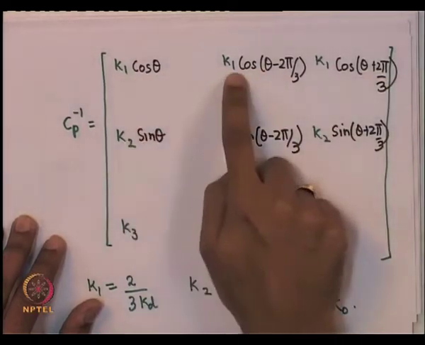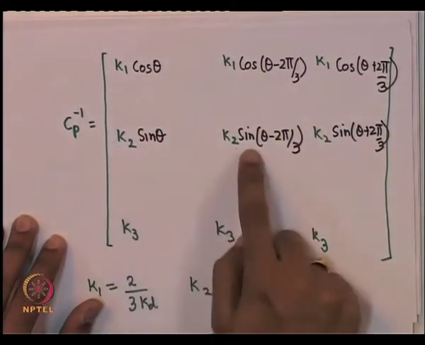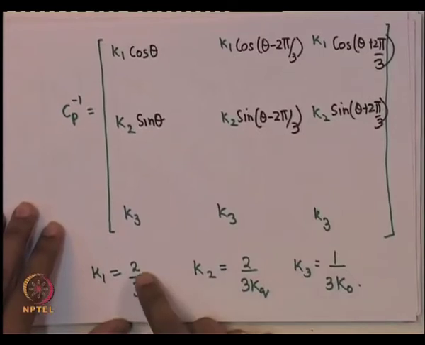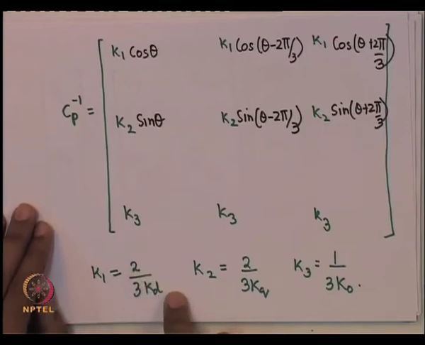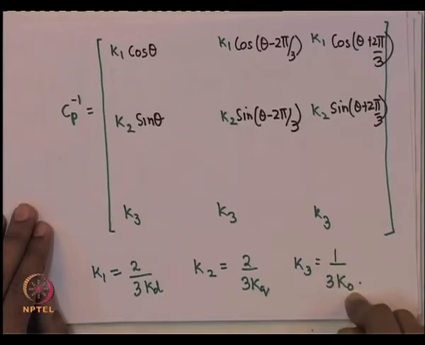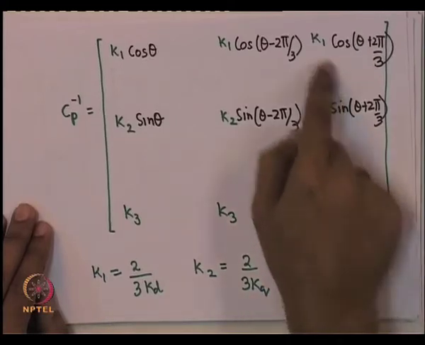These constants k 1, k 2 and k 3 are related to k d, k q and k 0 by this relationship. k 1 is equal to 2 by 3 times k d, k 2 is equal to 2 by 3 times k q and k 3 is equal to 1 upon 3 times k 0. So, this is basically the inverse.